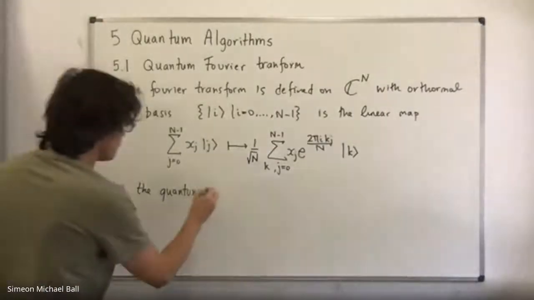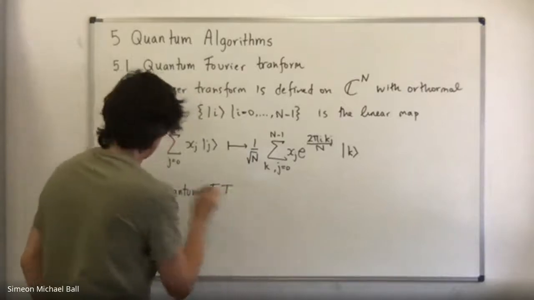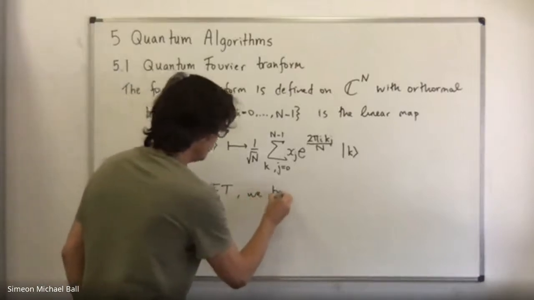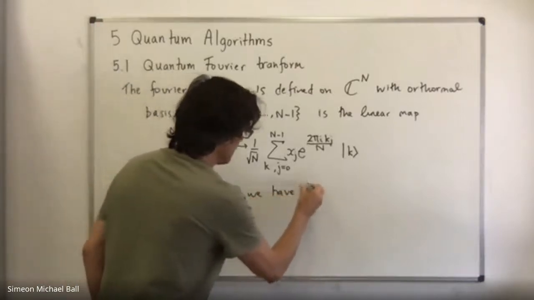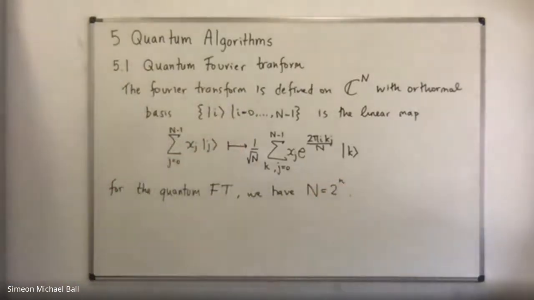And so the quantum Fourier transform, we have N being 2 to the n. And that's a reflection of the fact that our Hilbert space is on n qubits.